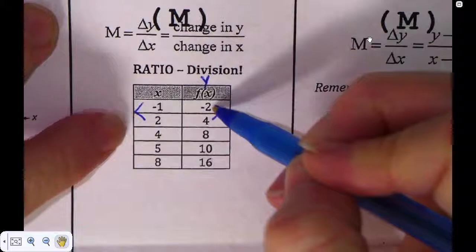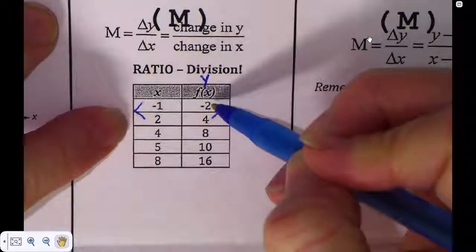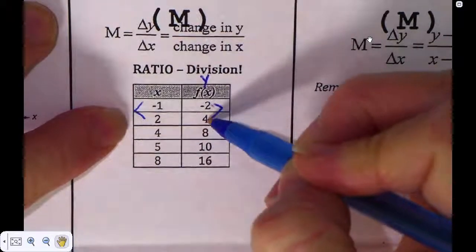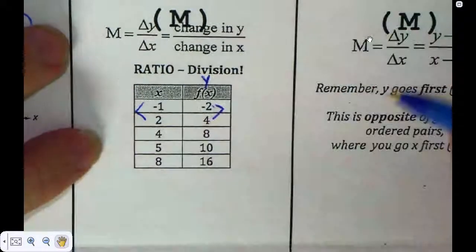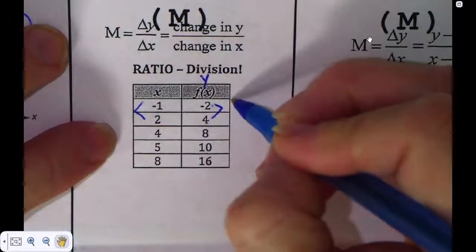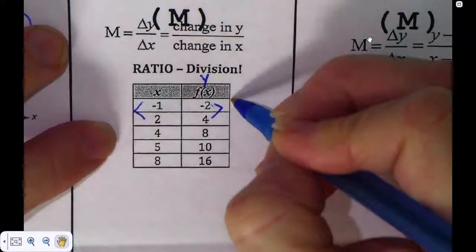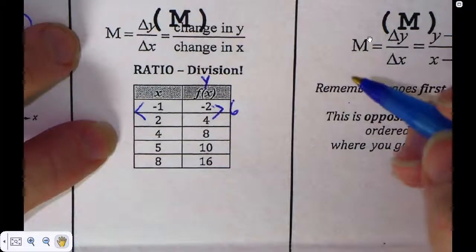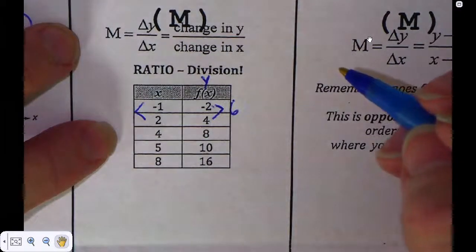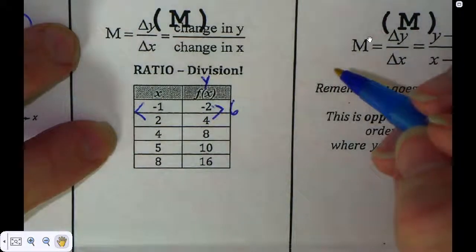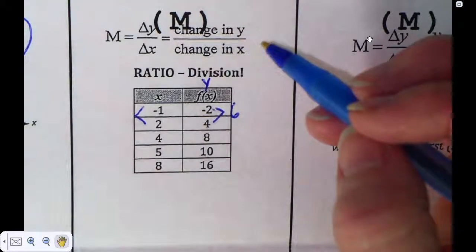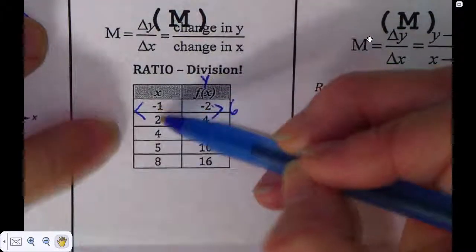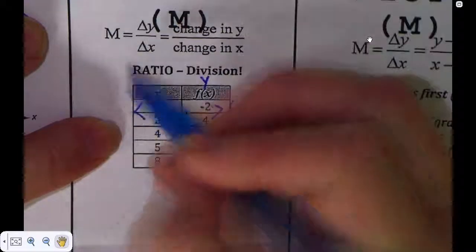So look, we're going from -2 to 4. What's the difference in those numbers? From -2 to 4 is 6. -2 is 2 below 0, and then up to 4. That's 6. What's the difference in -1 to 2? 3.